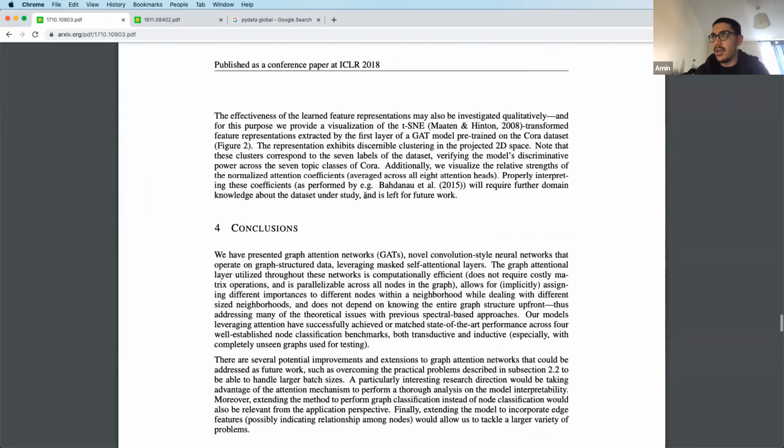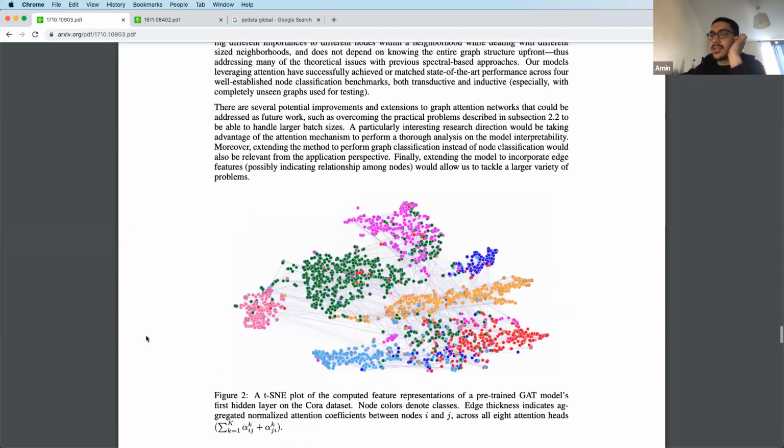Basically, they take the first layer of a pre-trained model on Quora, and they project it using t-SNE, and you can see that the nodes in each class cluster quite well.